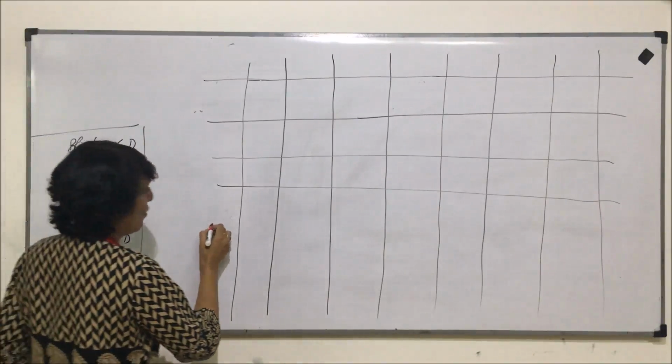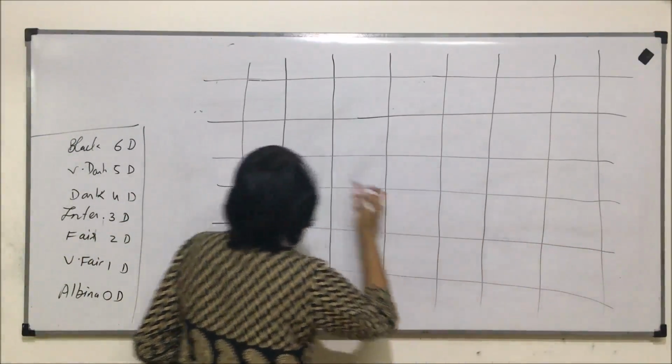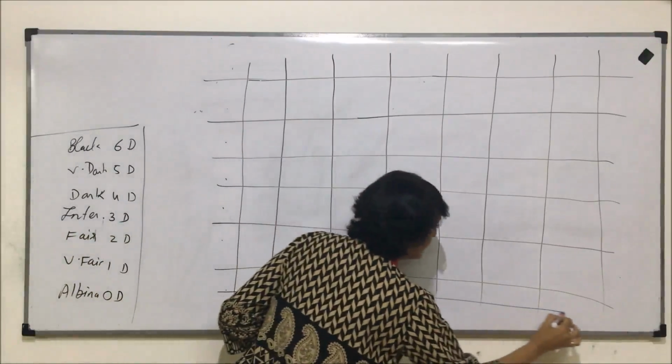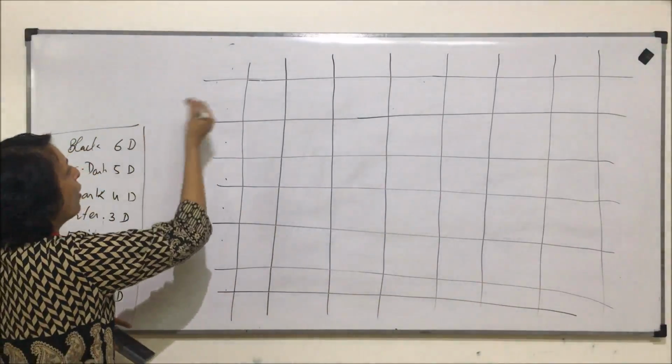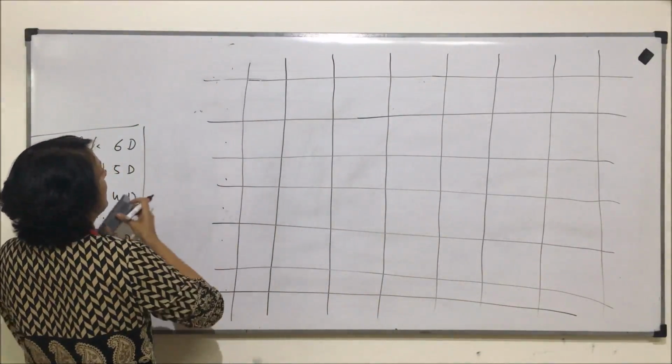Let us write down all these gametes here. So do we have 8? 1, 2, 3, 4, 5, 6, 7, and this gives us the 8. All gametes here, capital. Let's start here.